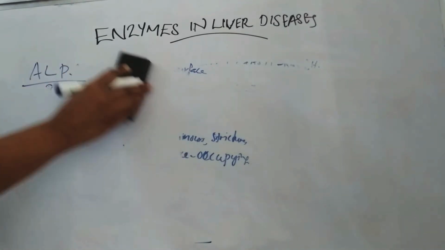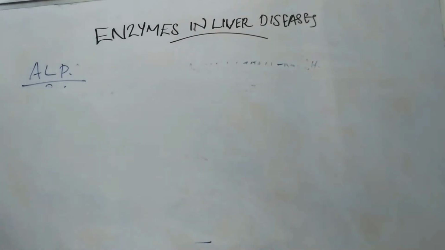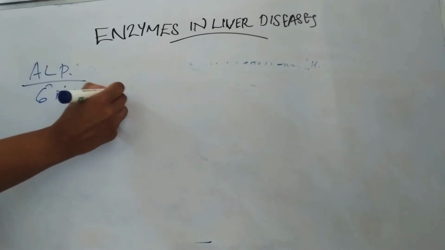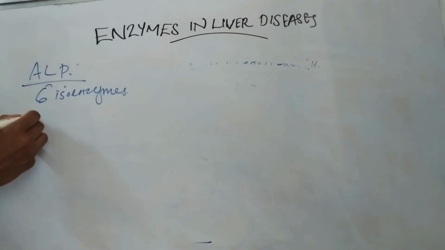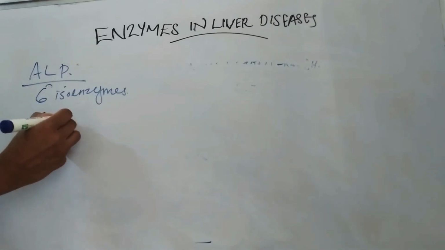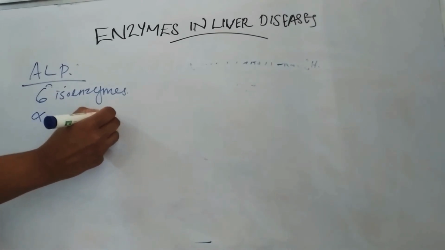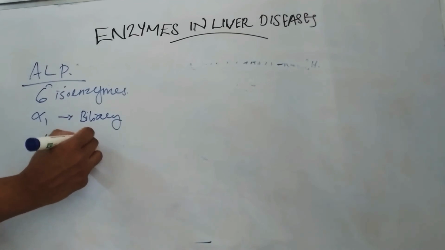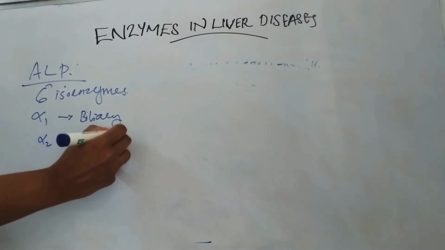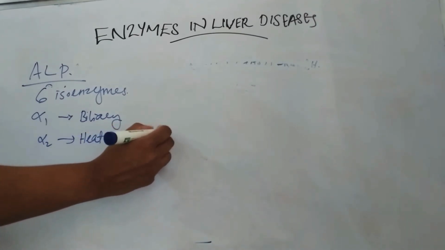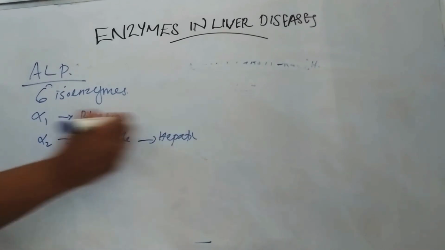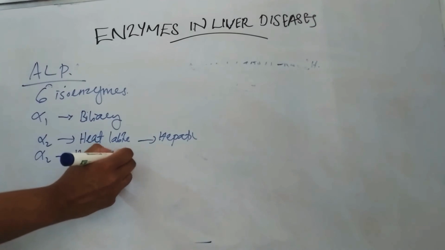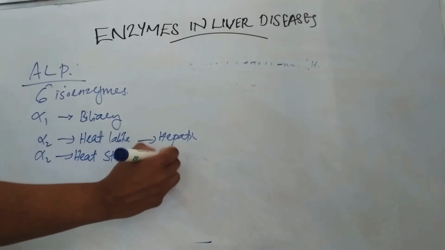Mainly 6 isoenzymes are there for ALP. First one is alpha 1, that is biliary. Then alpha 2 heat labile ALP, that is hepatic. Then alpha 2 heat stable ALP, that is placental.